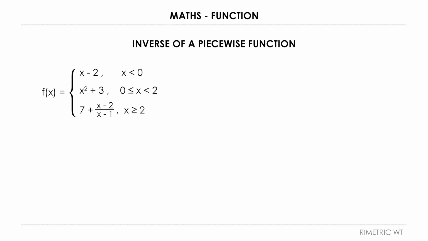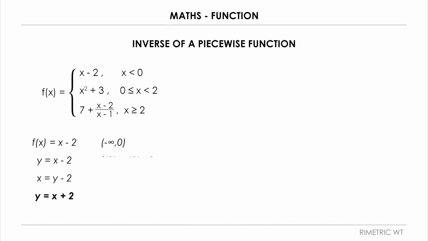So let's start with the first piece, which is f of x equals x minus 2. When we find its inverse, we get f inverse of x equals x plus 2. The original function is defined on the interval -infinity to 0. To determine the range of this piece, which will become the domain of its inverse, we evaluate the function at the boundary value x equals 0.